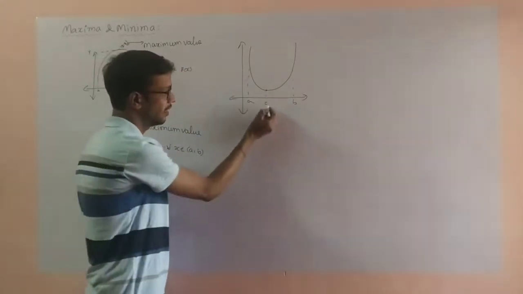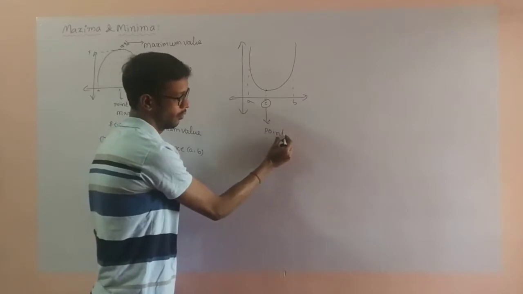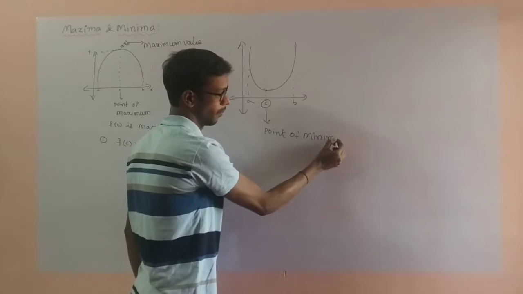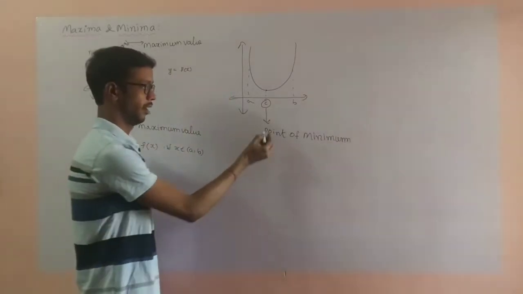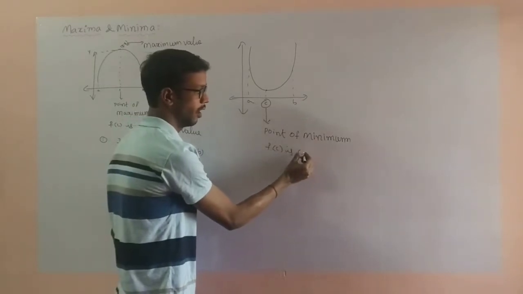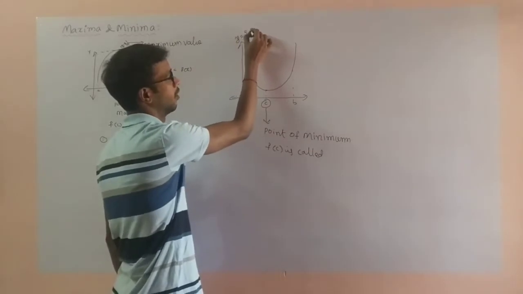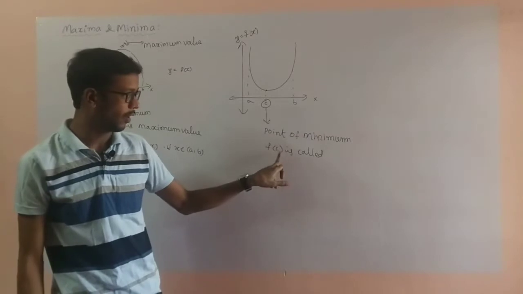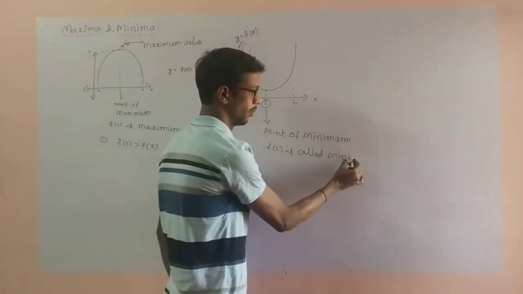So c is called the point of minimum. Next, f of c. This is the function y equal to f of x graph. So f of c is called the minimum value.